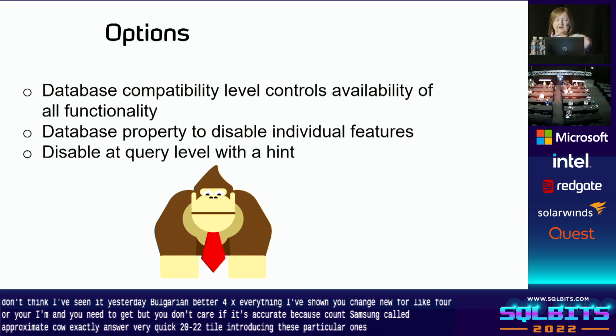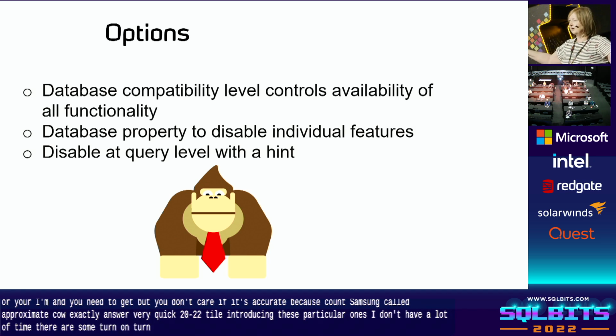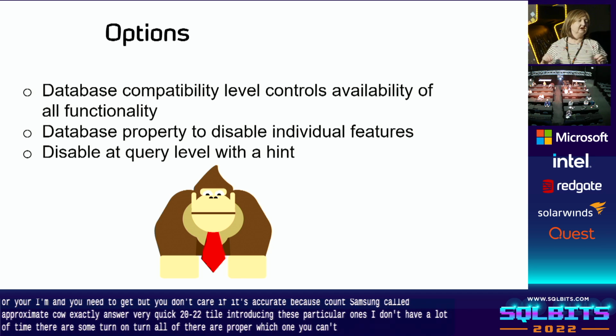All right, I don't have a lot of time left. I just want to mention that there are some options. You saw me turning these features on and off, right? I turn them all on, or I turn them all off. There are database properties. There's a database property for each one. You can turn it on or off.